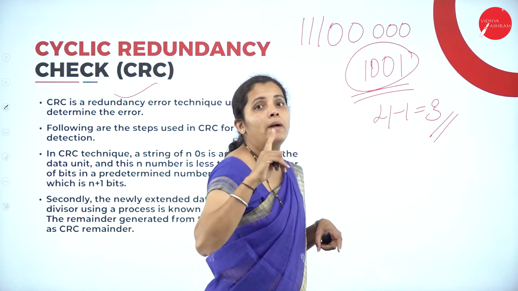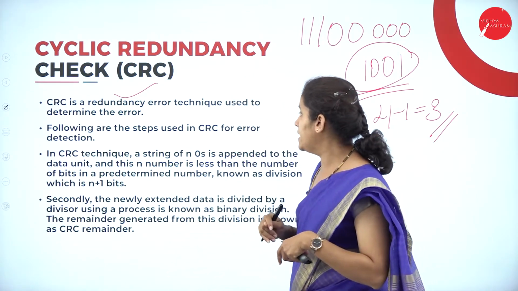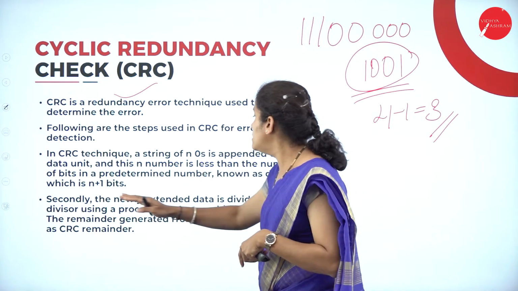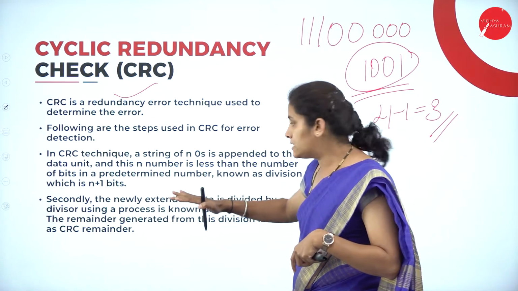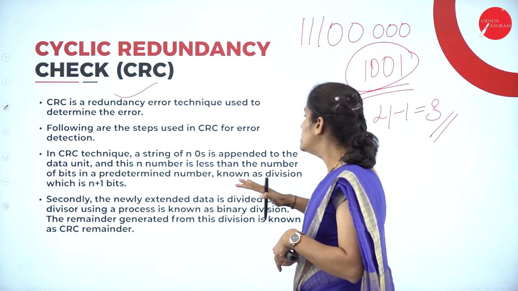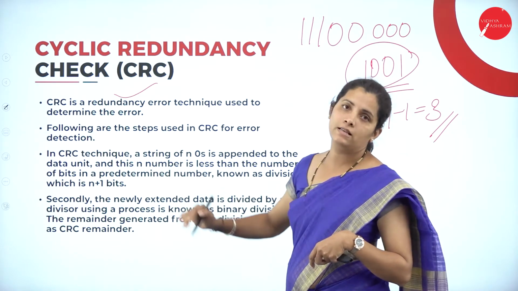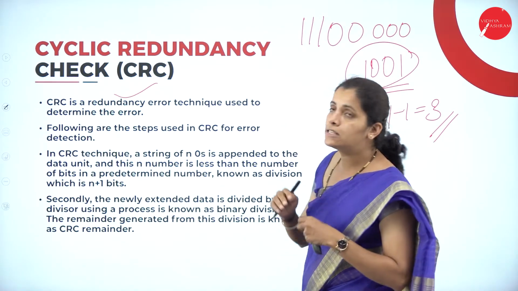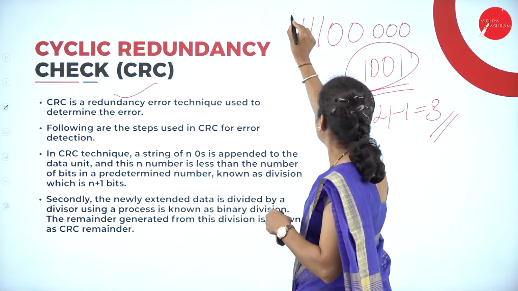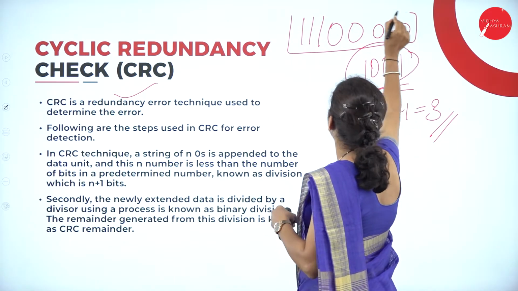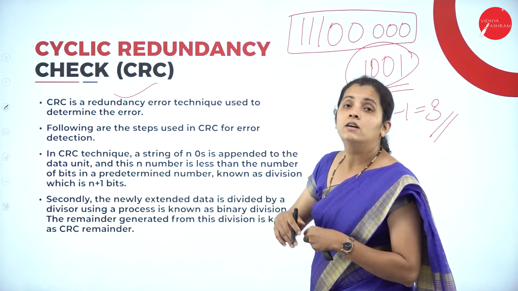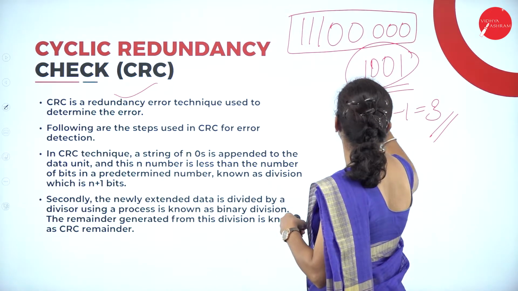So this is my first step. Then secondly, the newly extended data is divided by the divisor. So the second step is that the newly extended data bits are divided by this divisor.